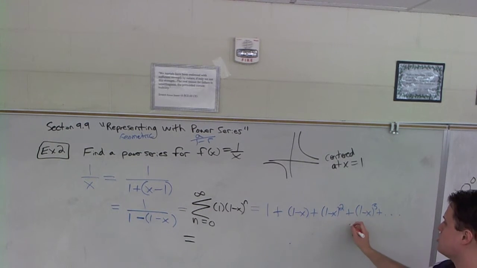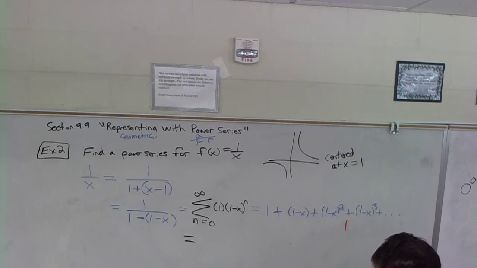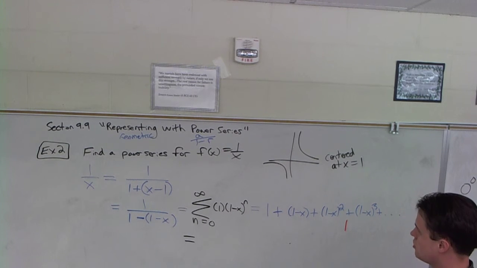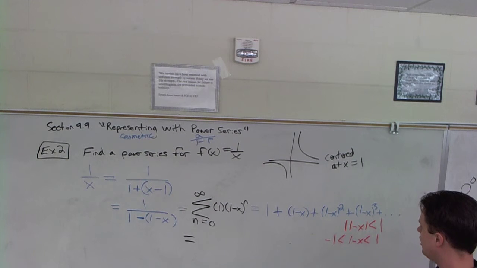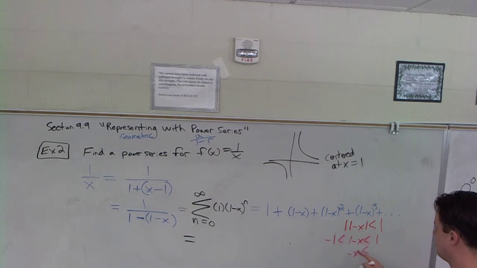Centered at 1. The notation you can use for centered at 1 is, you can just say, what did I say? I guess I didn't use it yet. So absolute value of 1 minus x is less than 1. You could just go like that. If you want to solve this down, you can. So what would we say? Minus 1, that's 0.